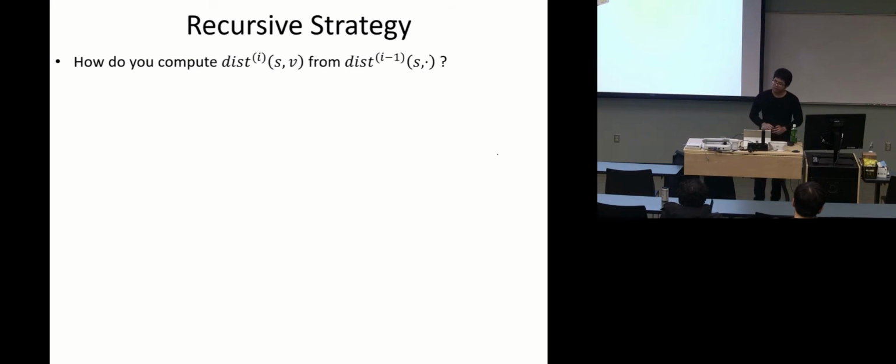I'll let you think for 2 minutes and then we brainstorm how to do this. So the goal is to come up with this recursive equation. Okay? So try to come up with that.